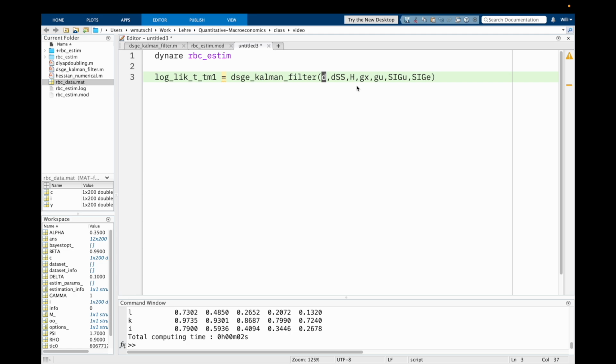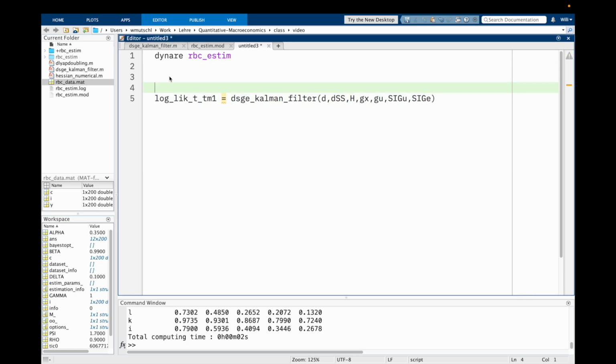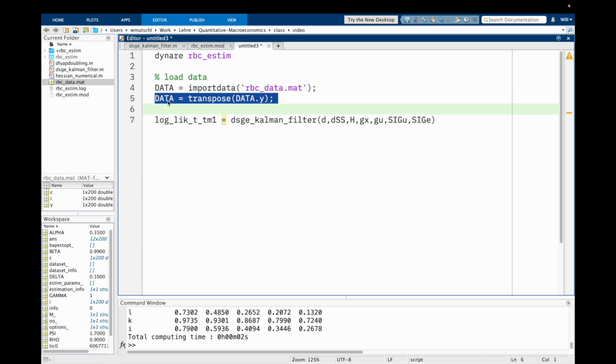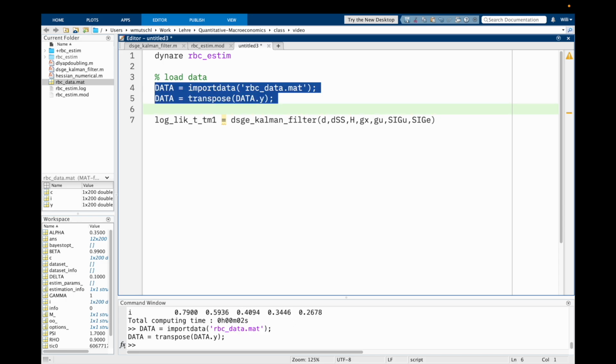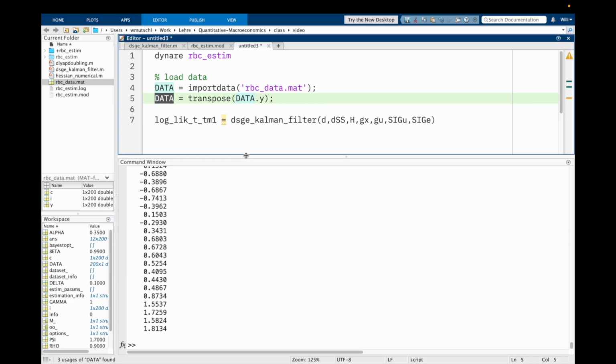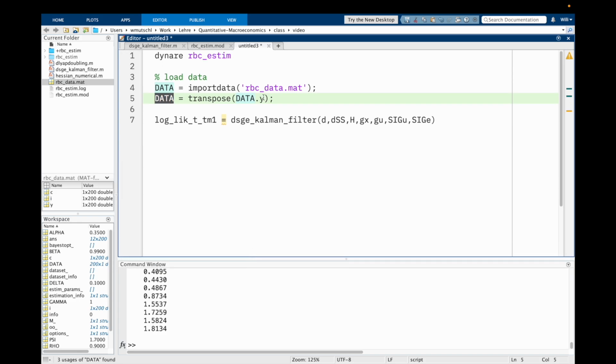Well, that is easy. I can just import the data. And remember, we have one shock. I'm just going to use one observable. Feel free to play around with which variable you take. So data is, in a sense, a 200 by 1 matrix. And this is my first input.